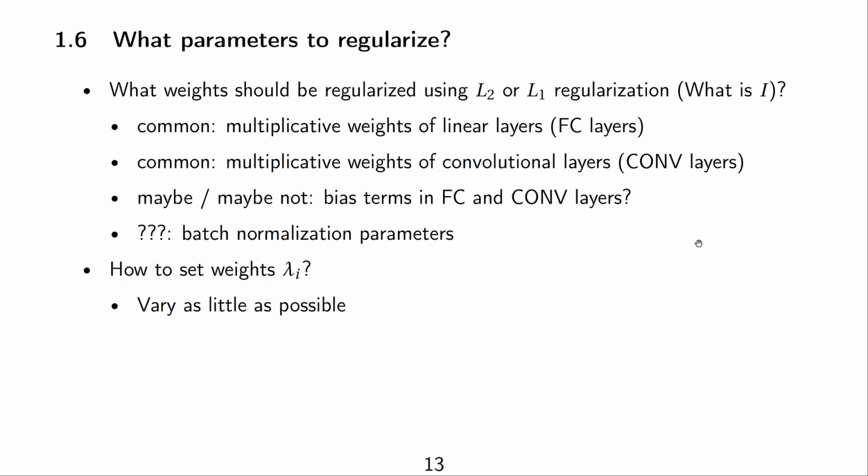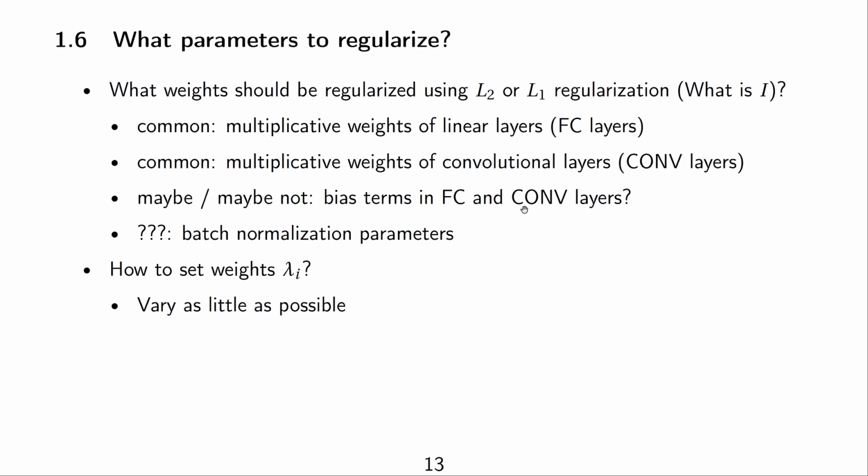Okay, what parameters to regularize? So for linear layers, the multiplicative weights, so not the bias terms, these are common. Maybe the weights of convolutional layers are common, and maybe not the bias terms in fully connected and convolutional layers.